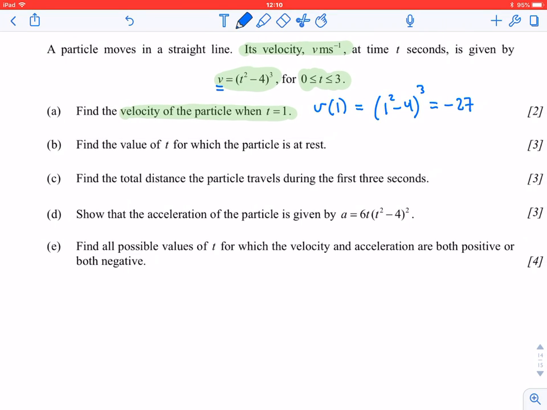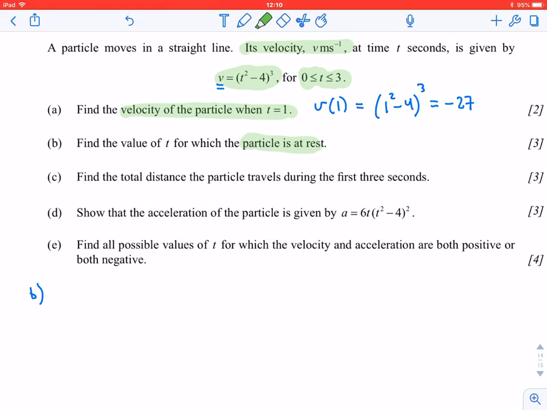Next thing is the value of t for which the particle is at rest. Particle at rest is a clue telling you that v of t, that function for velocity, is 0. That's what rest means. So you are looking for a place where (t squared minus 4) raised to the 3rd power is equal to 0.